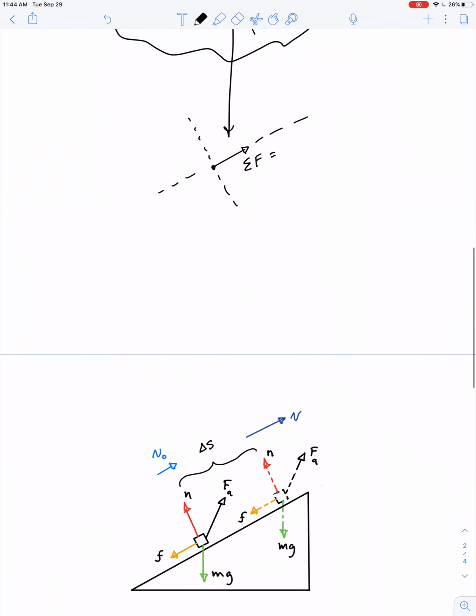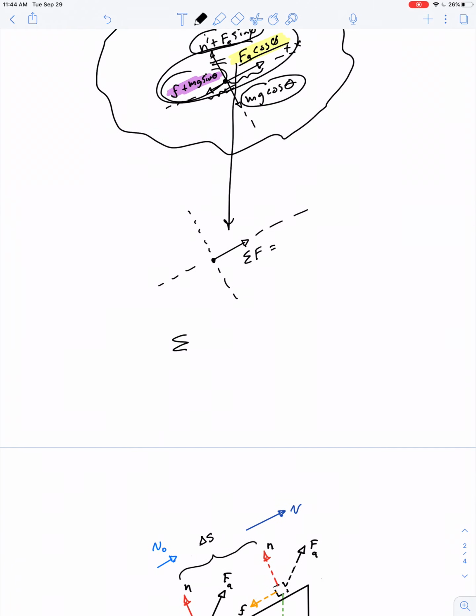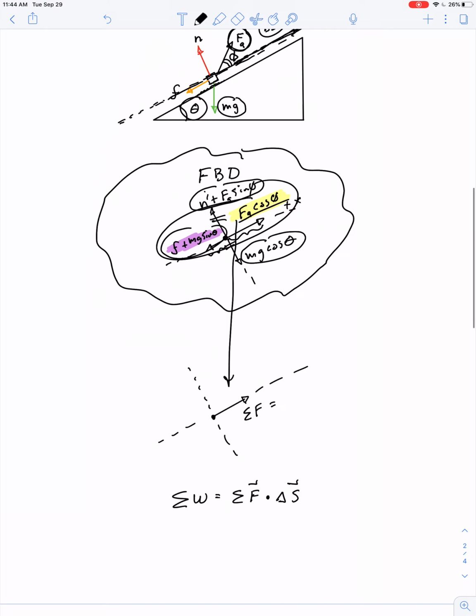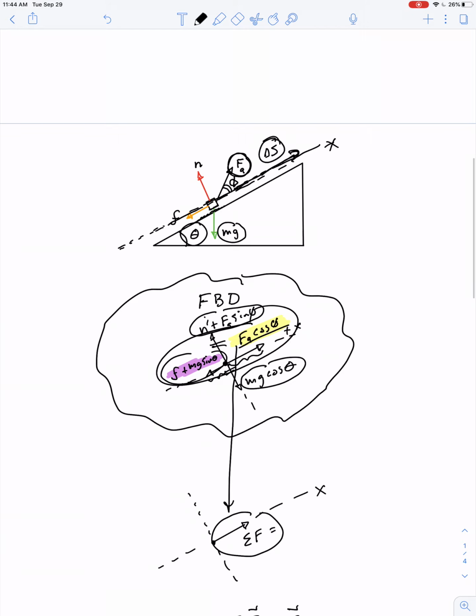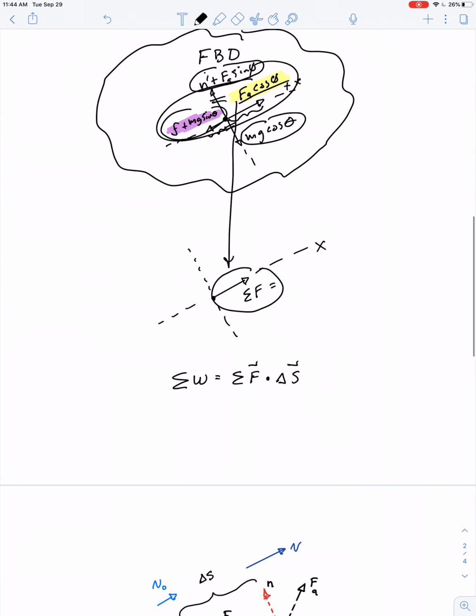So the net amount of work done should be equal to the net force dot product with the displacement. Displacement's a vector, net force is a vector. However, because we've made a net force that points along the x-axis in the same way that the displacement is defined as being parallel to the x-axis, this would be written as the magnitude of the net force times the magnitude of the displacement times the cosine of the angle between them.